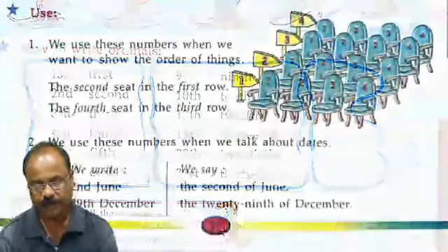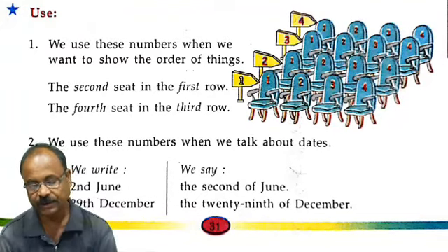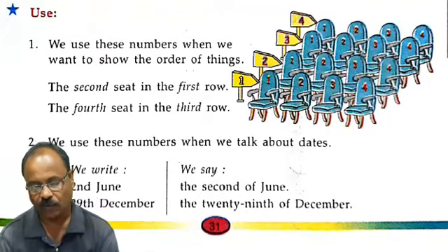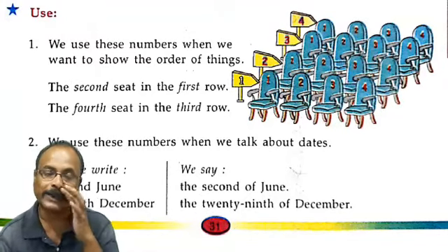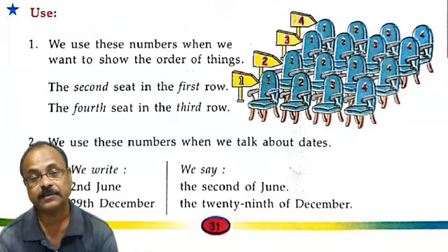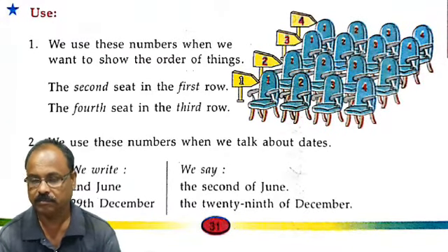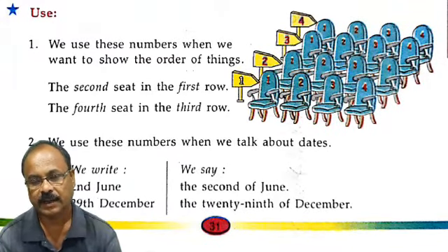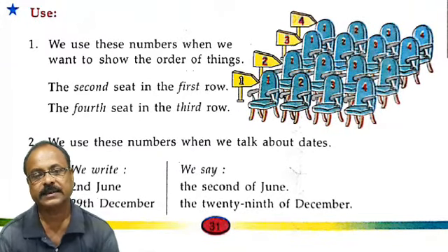How do we use these numbers? We use these numbers when we want to show the order of things. What is the order of things? Suppose Ram sits on the second bench in the class.